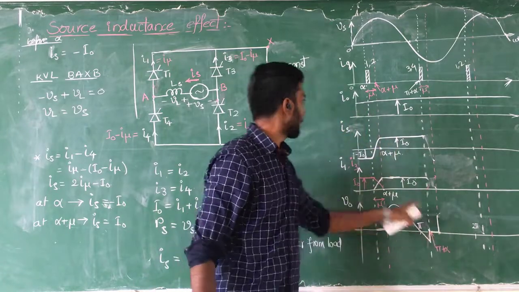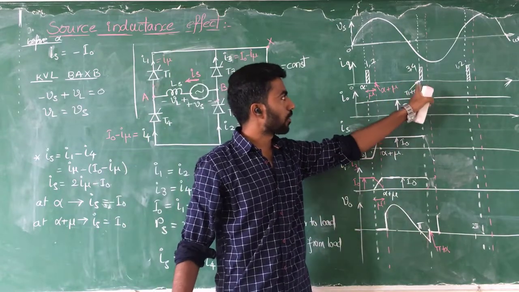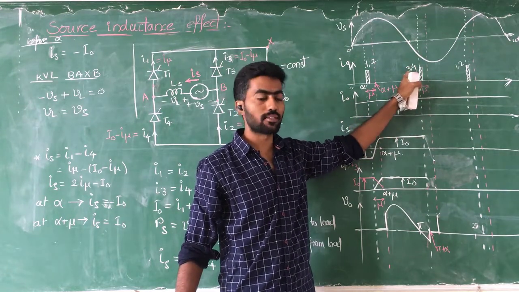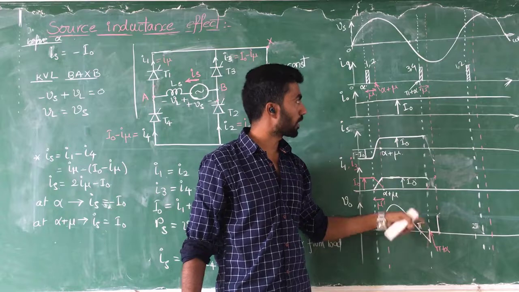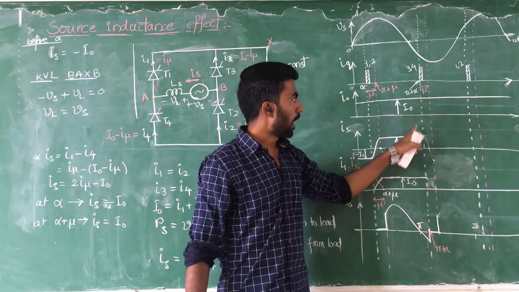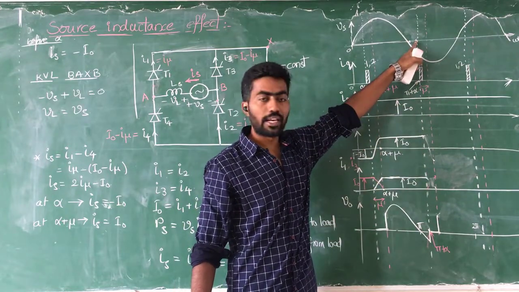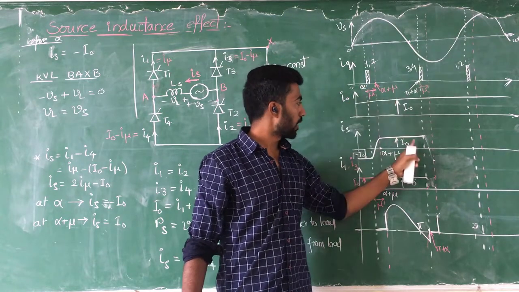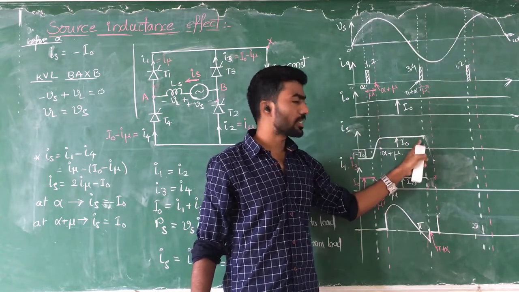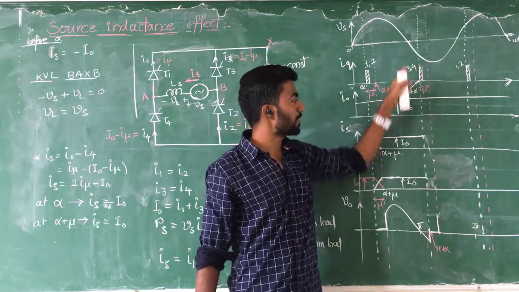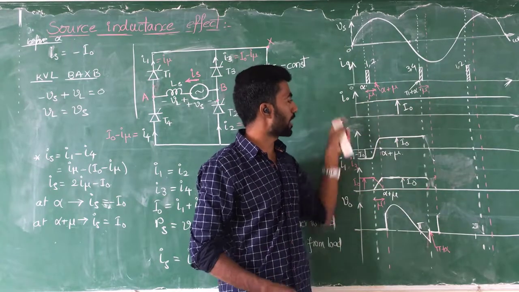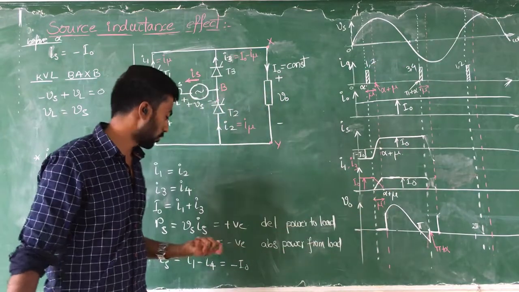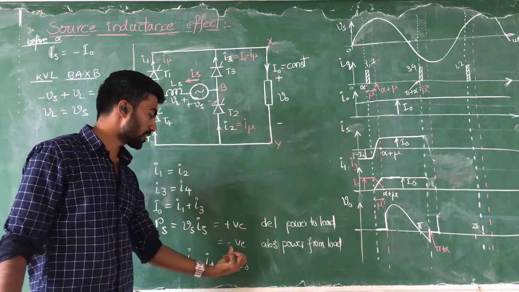At pi plus alpha we give a triggering pulse to devices 3 and 4. After pi radians, Vs is negative and Is is positive. If you multiply these two values, Vs into Is, you get negative instantaneous power. So Ps is negative here.